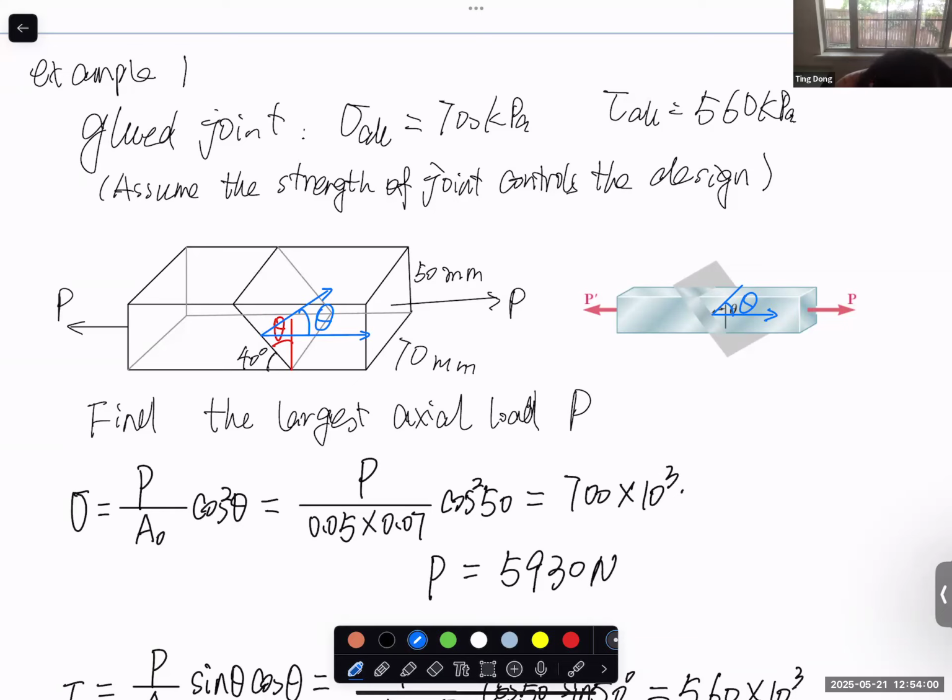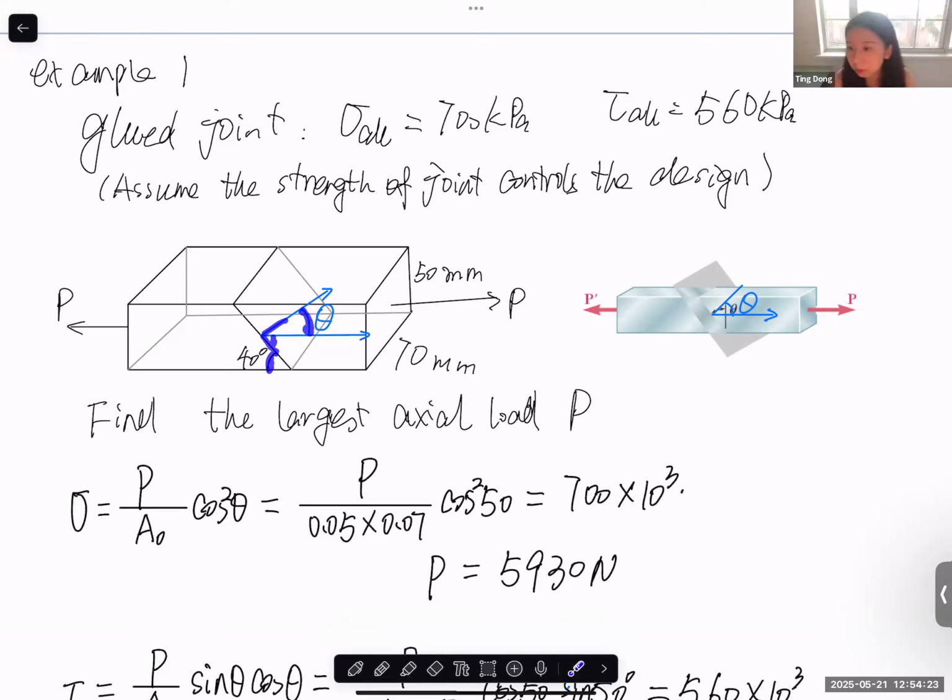Let's not make it too complicated. If you have this angle equal to 40, it means that this angle equals 40. Now this is perpendicular, so this one should be 50. Make sense or not?